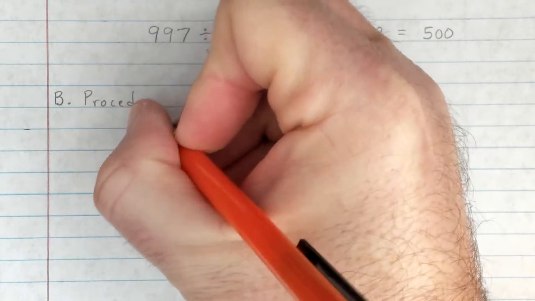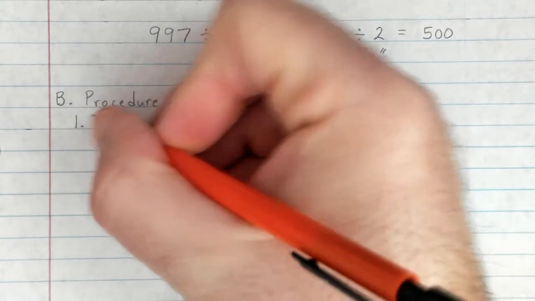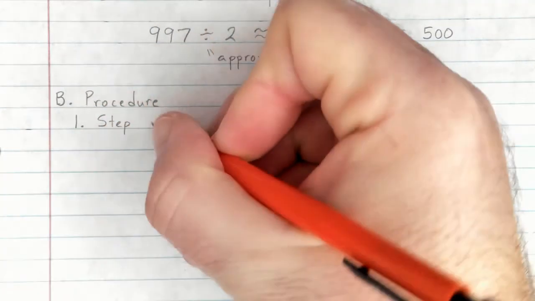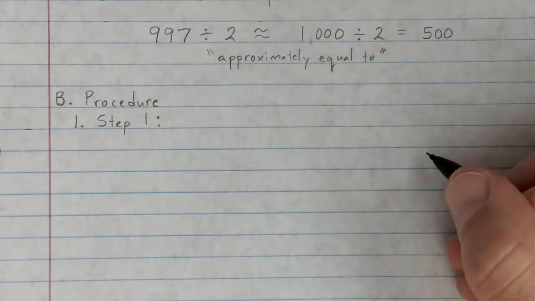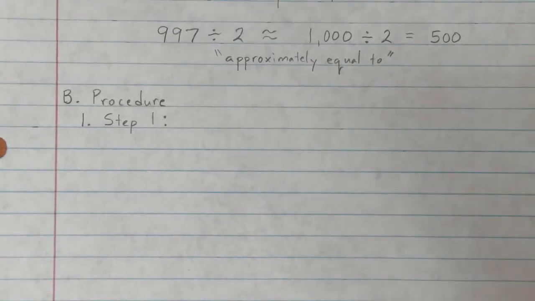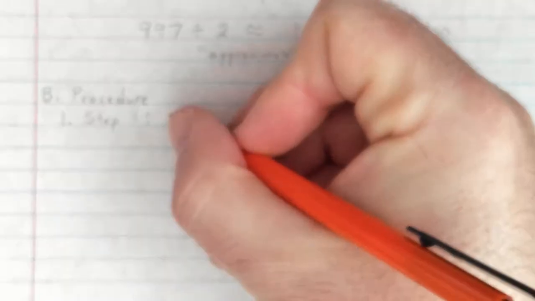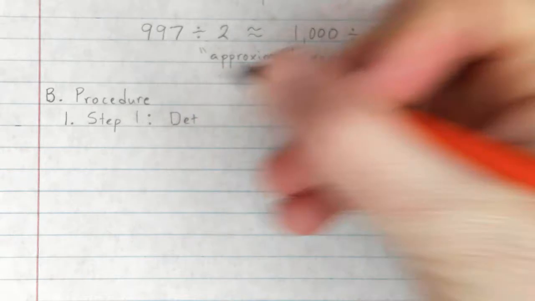So procedure. Okay. Step 1. This is key, and usually whatever you're working on, if it's a test, if it's a workbook question, it'll specifically say what place you're rounding to.